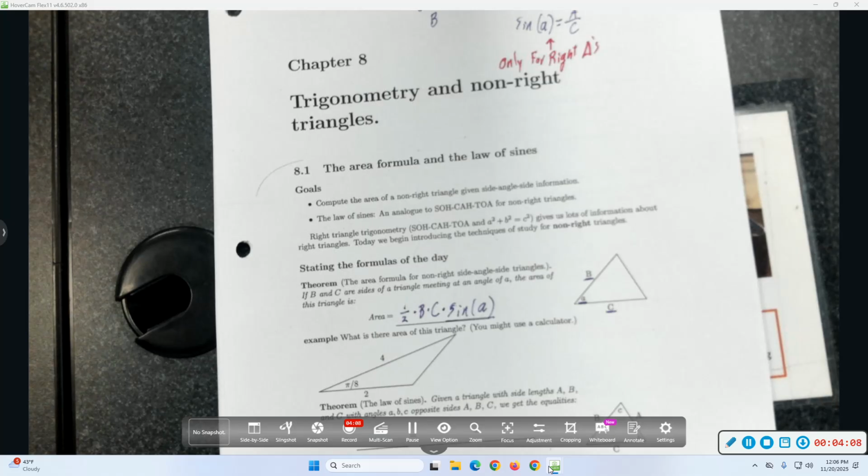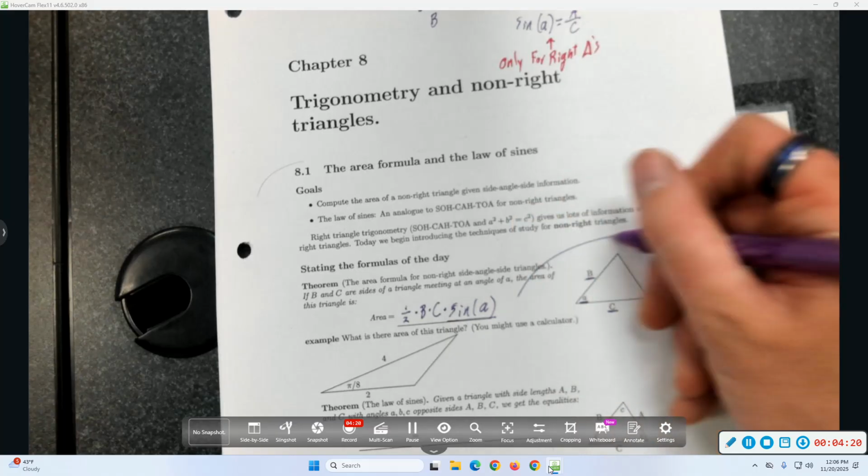Let's do one sanity check real quick. If that angle is a right angle, then I should just get 1/2 B times C. So let's check that.